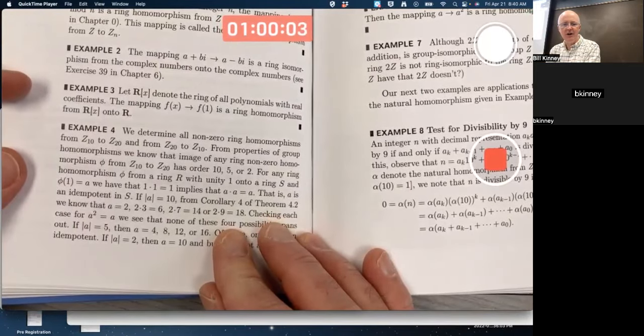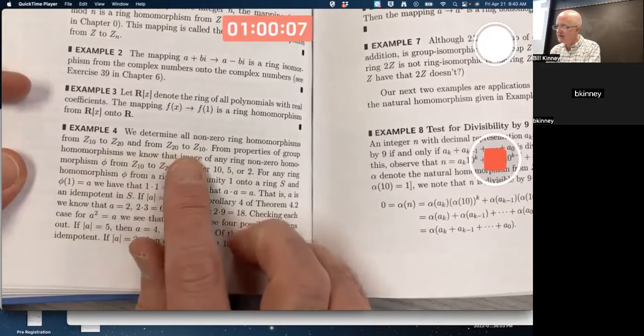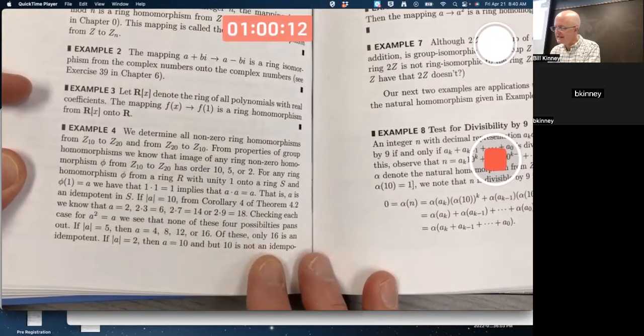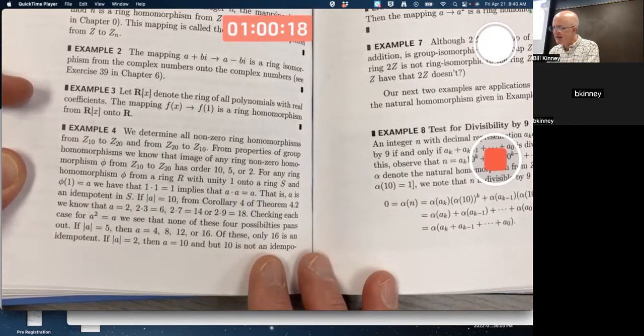Example 4, we determine all non-zero ring homomorphisms from Z10 to Z20 and from Z20 to Z10. Not going to take the time to read this, but it's something you should study well.